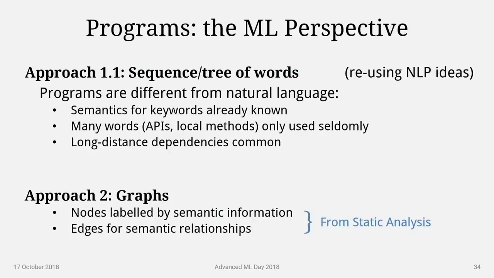The nice part about this approach is that we can run static analysis algorithms like the ones that are present in the compilers that we've known for decades and get all of this semantic information and then embed it so that the neural network can make good use of it and know when the program is executable and, if it's executable, how. So let's see how we do that.